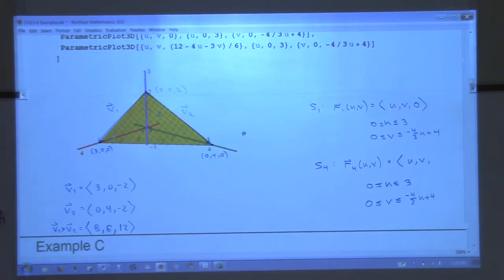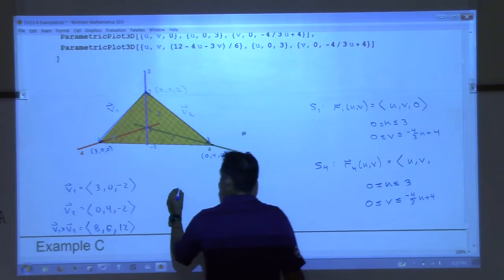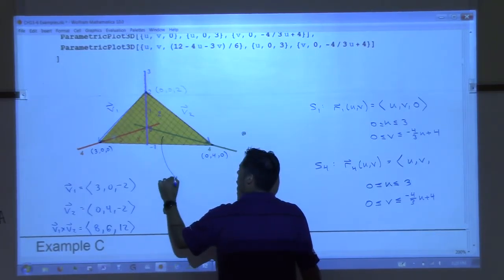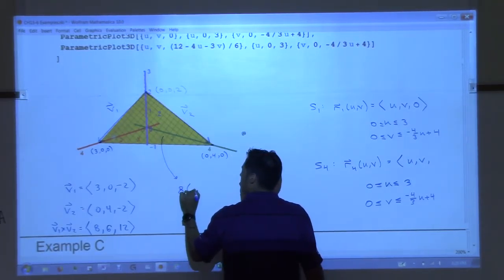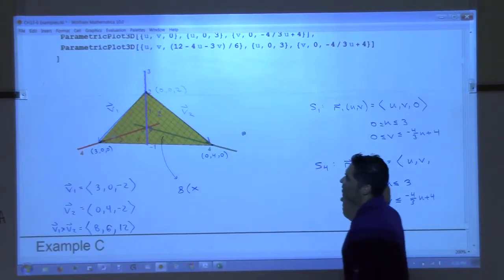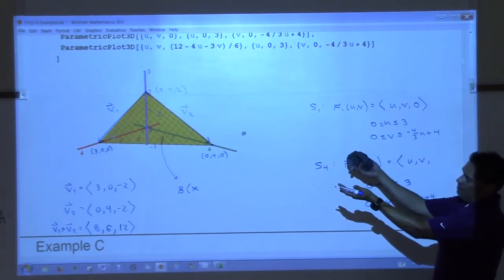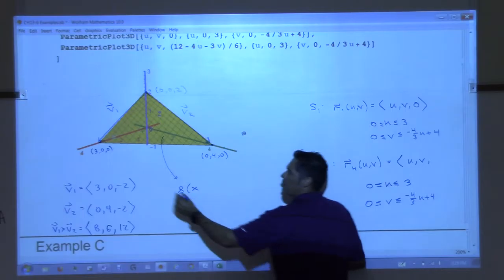So what is the equation of the plane? This plane has the equation 8, and then x minus what? You get to choose, right? Which point? I'm going to go with 3, 0, 0. That's the one I'm going to use.